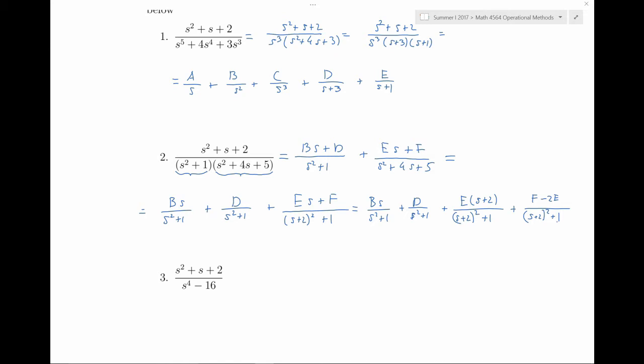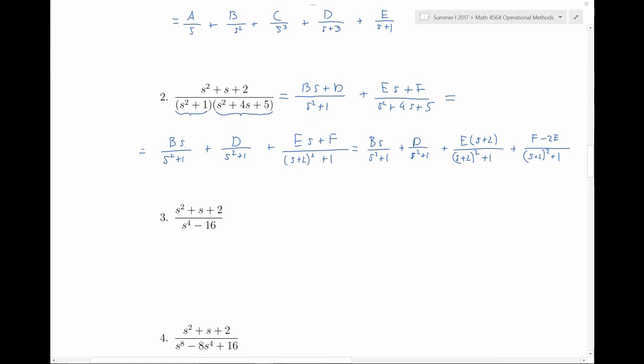Alright, let's look at another example. For this one, we can notice that the denominator can be factored as s squared minus 4 times s squared plus 4. And s squared minus 4 can be factored even further.